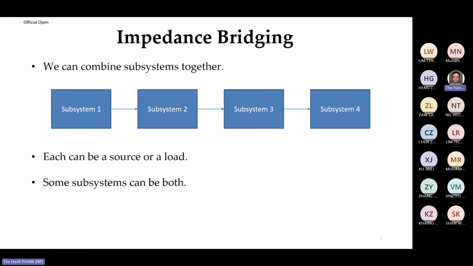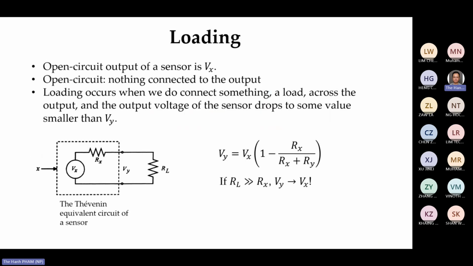I think this will be easier to understand if you come back here and look at one example, right? So suppose you have a sensor. And this sensor can provide you with the voltage Vx if you have the open circuit here. So suppose you don't have this part, this one is another subsystem, right?